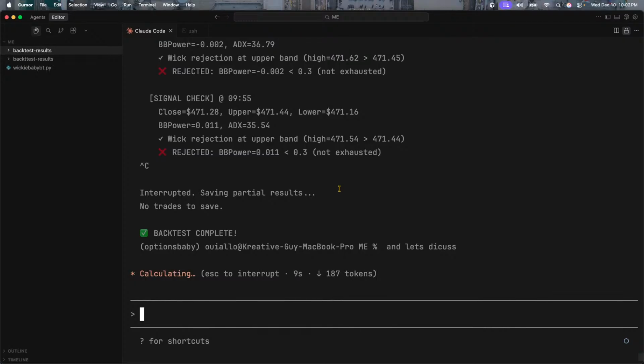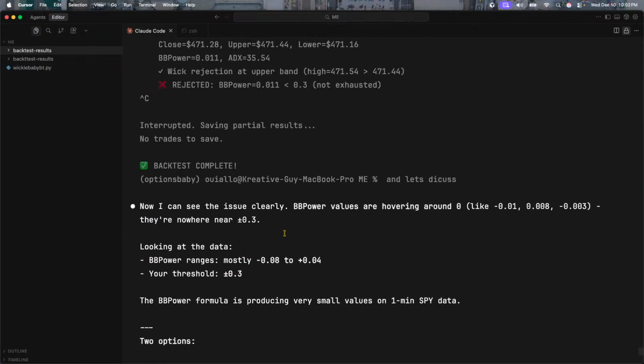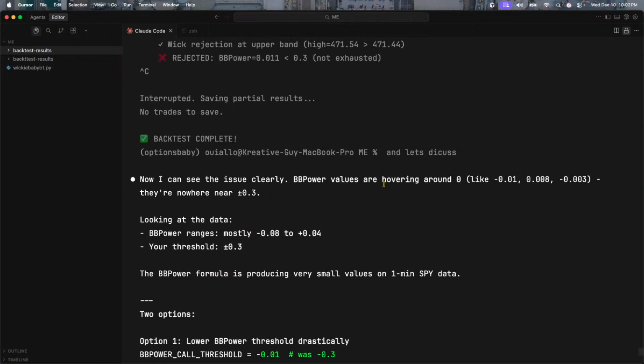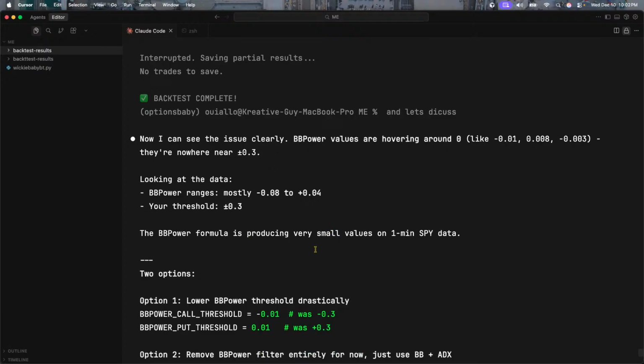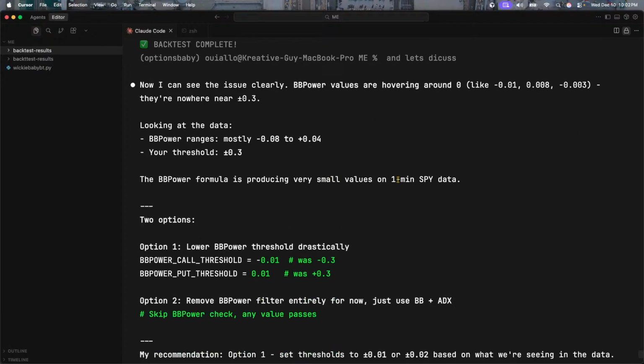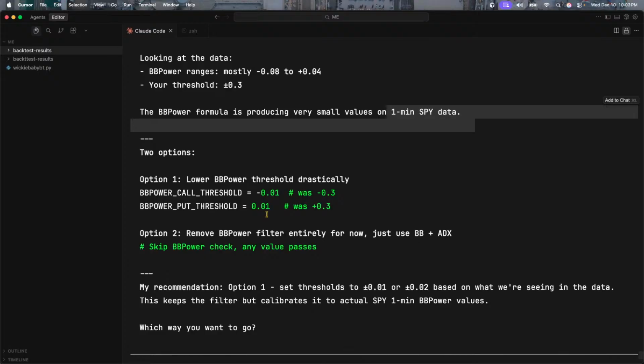Or maybe it caught it. Sometimes the code. Now I see the issue clearly. The BB powers are hovering around zero, like 0.1 or 0.00. Nowhere near the 0.3. The BBs are mostly 0.8 to 0.4. The formula is producing very small values on the 1 minute SPY data.